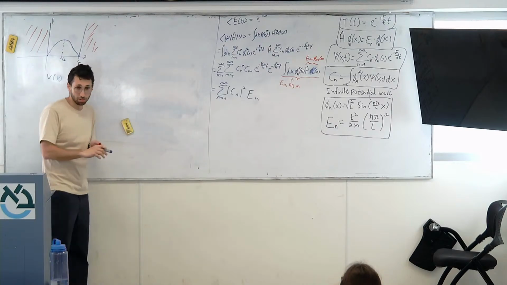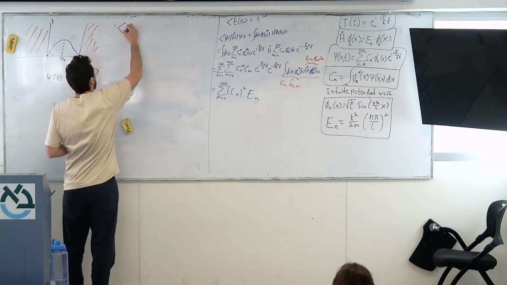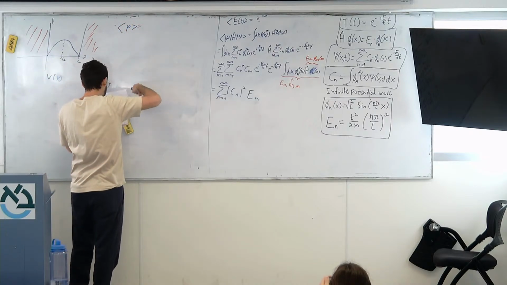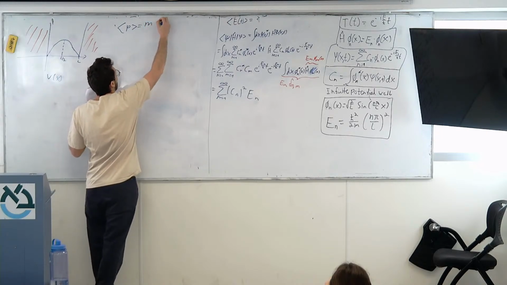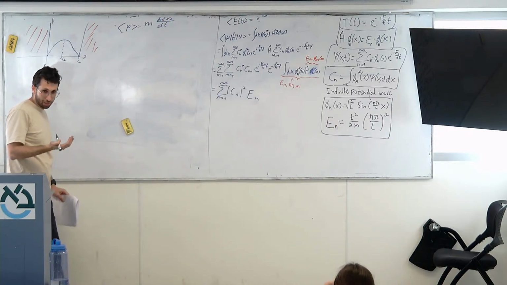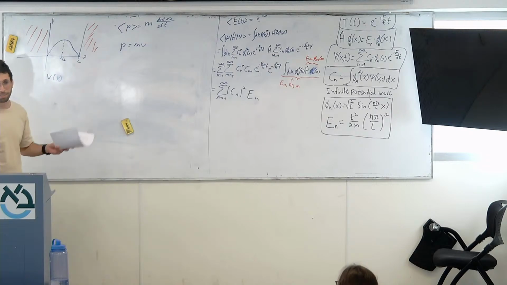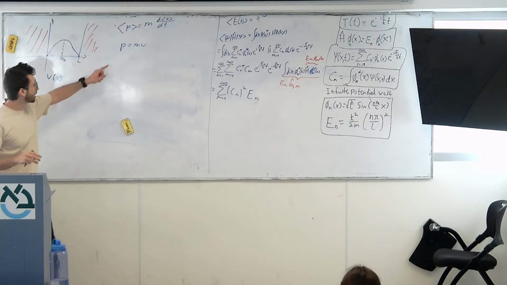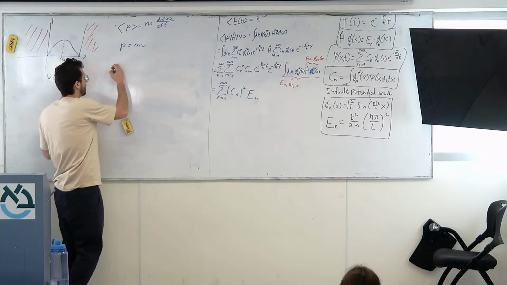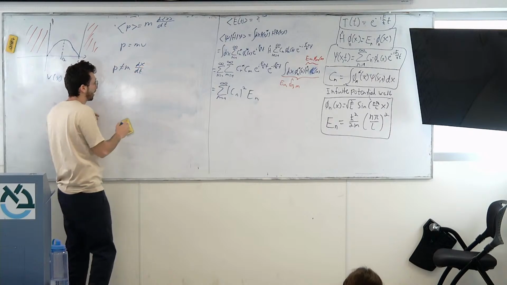One of its theorems says that the average momentum can be written as the mass times the derivative of the average x over t. So in classical mechanics we know this as p equals mv, right? So, big surprise. But in quantum mechanics it is not right. P doesn't equal m times dx/dt in quantum mechanics.